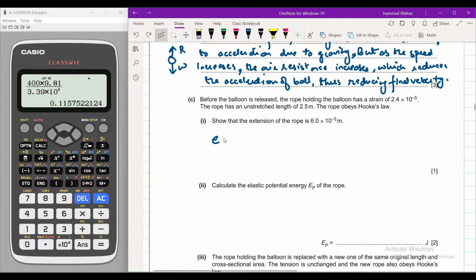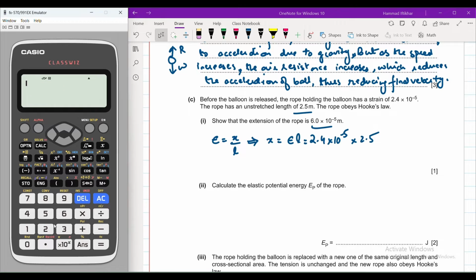Strain is x over L, so we need to find x, strain times L. So 2.4 times 10 to the power minus 5 times 2.5 gives 6 times 10 to the power minus 5 meters.